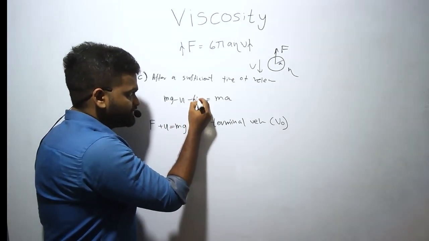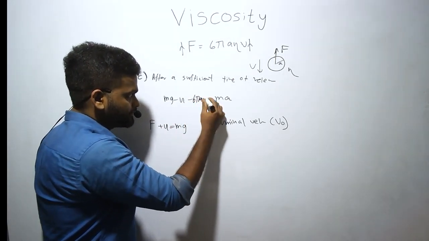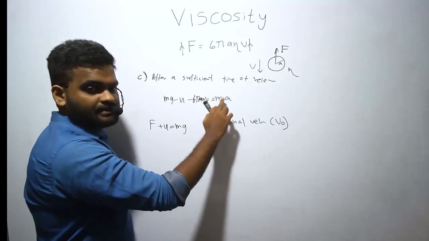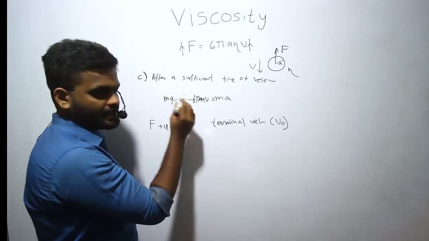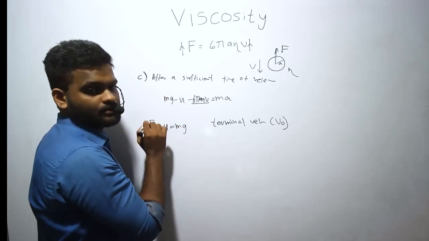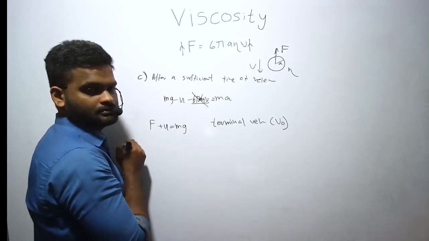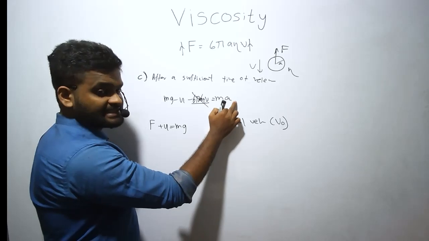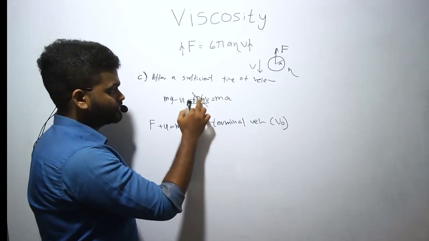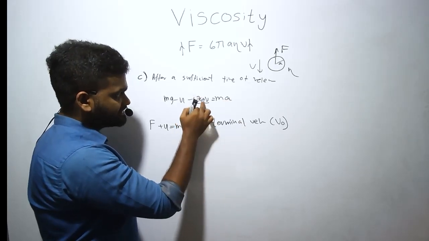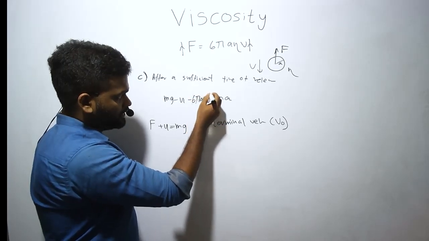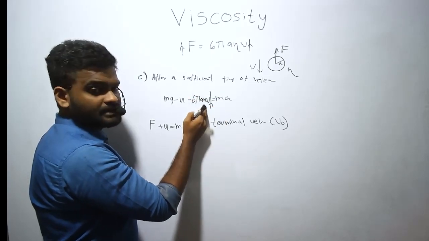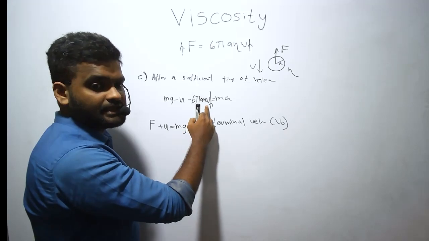So this is the equation, right? A eta V equals MA. Initially, at the start, this value was 0. So we had a maximum acceleration. But as this gains speed, this term increases. 6 pi A eta V increases.